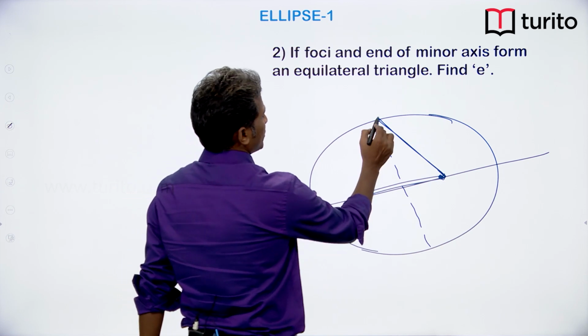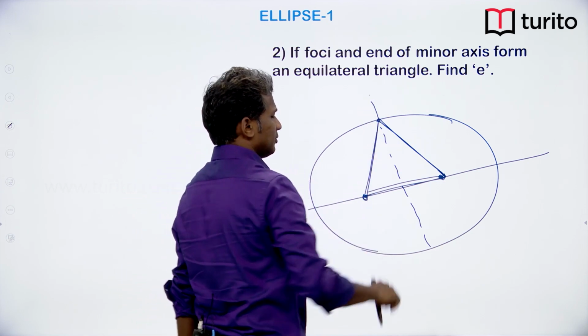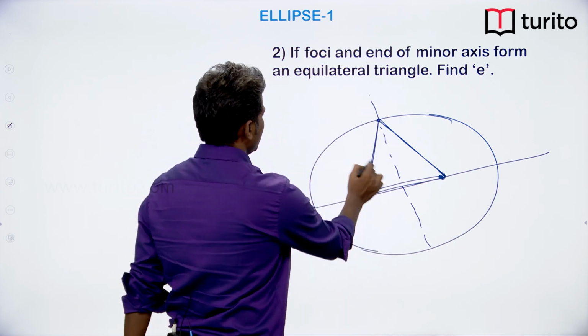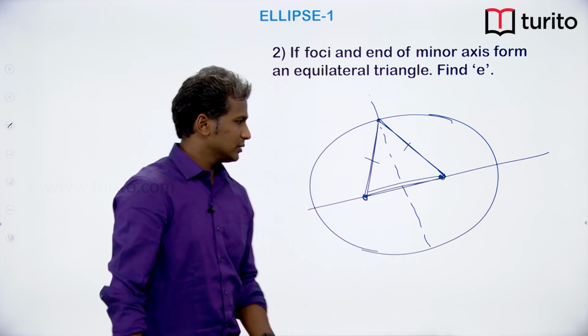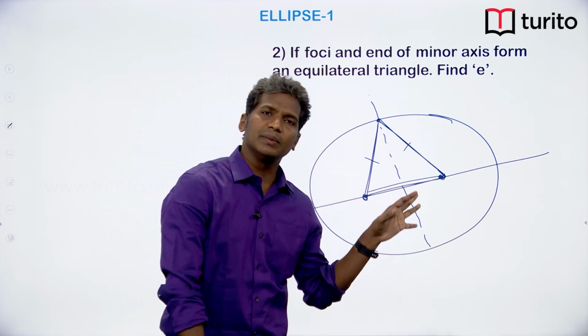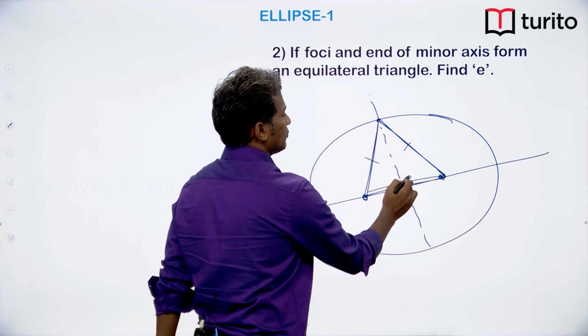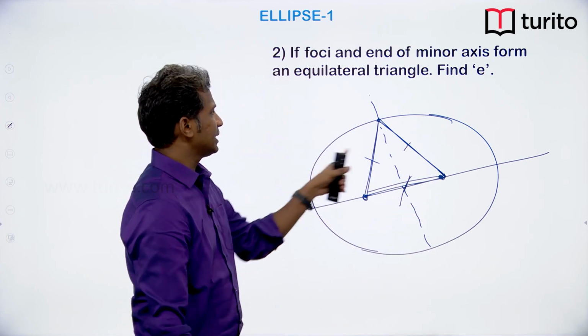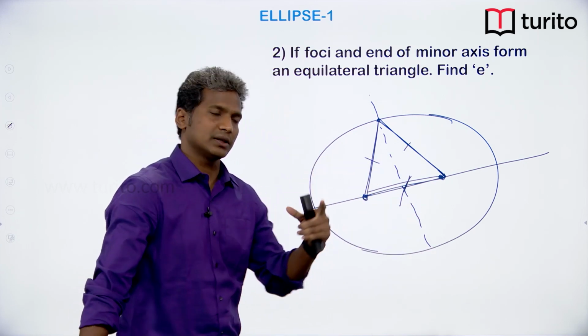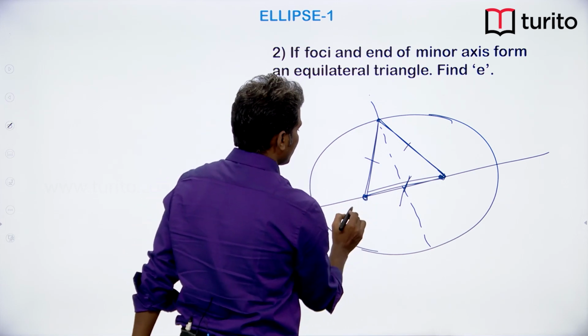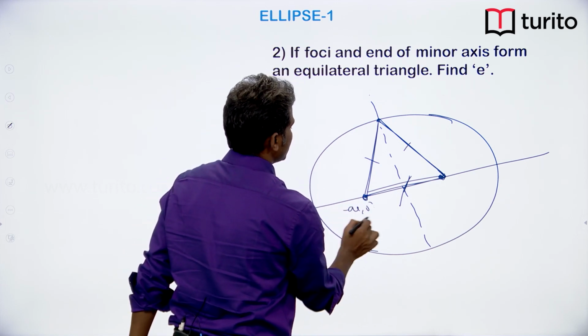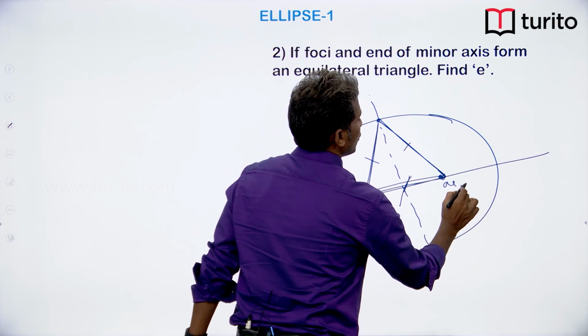Now, we know that because it is already symmetric, it is on one of the axes of symmetry, these two are going to be equal, we know that. Now, for this to become an equilateral triangle, it must be equal to this also. So, let us directly equate these two, we will get the required answer. And we know that this point is minus AE comma 0, this point is AE comma 0.